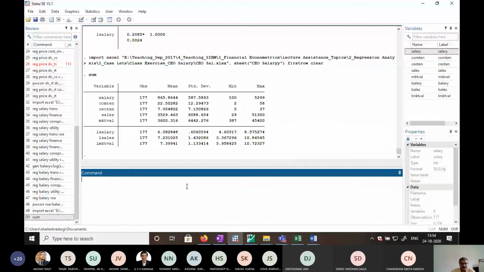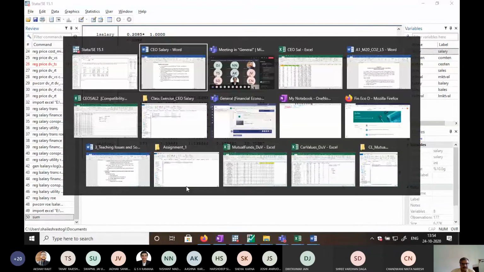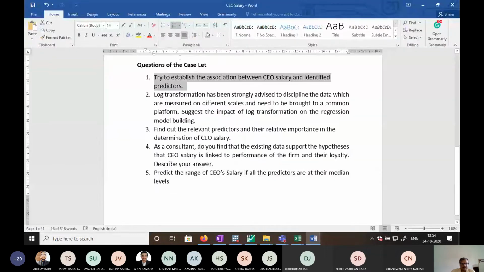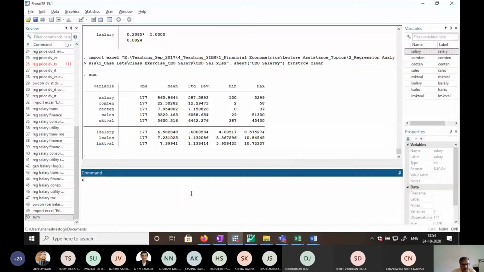So right now, the first thing is to try to establish the association between CEO salary and the predictors. So what we can do, we can go for regression, and salary is the dependent variable, and then we can have COM10 and CEO10, and then sales.